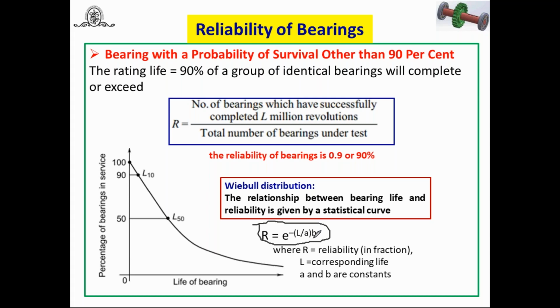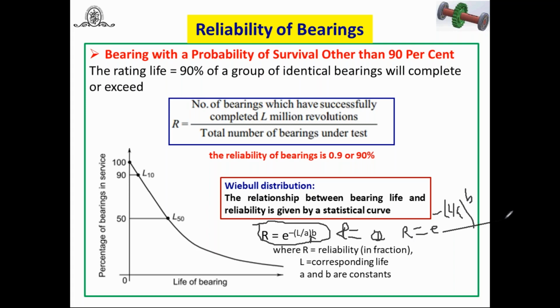Check this equation: L by A raised to B. It's not multiplied by B. Try to understand here. Once again I will write: R is equal to e raised to minus, in bracket, L by A raised to B. This is the expression.